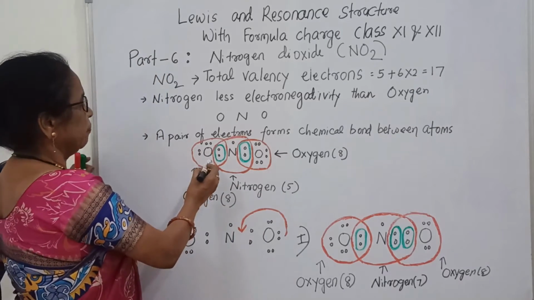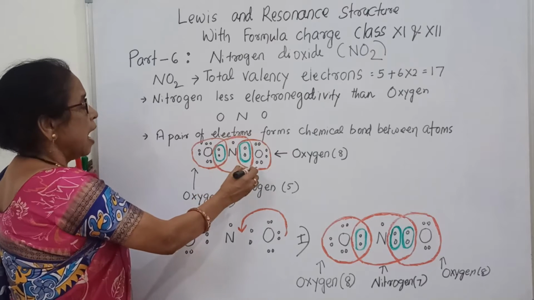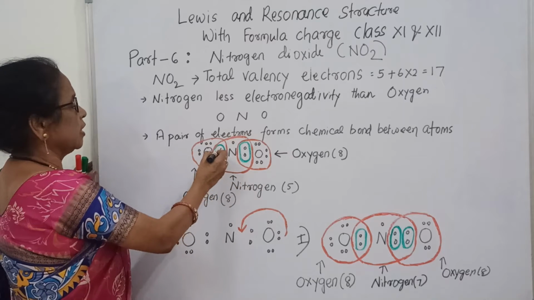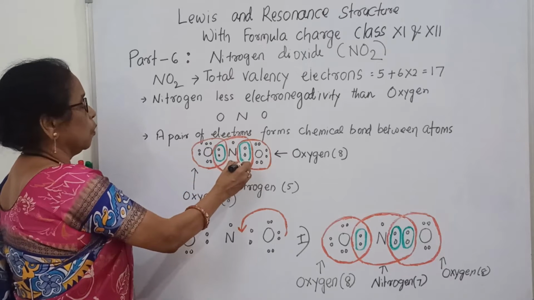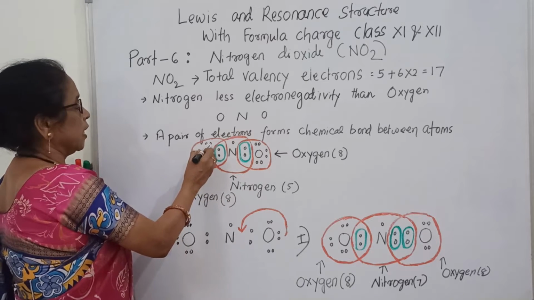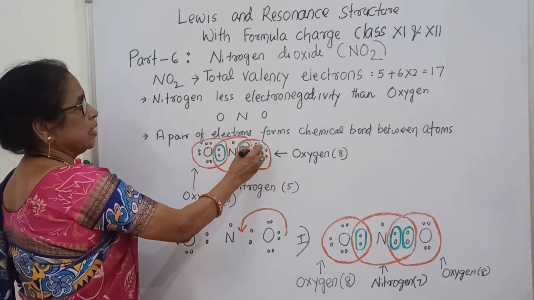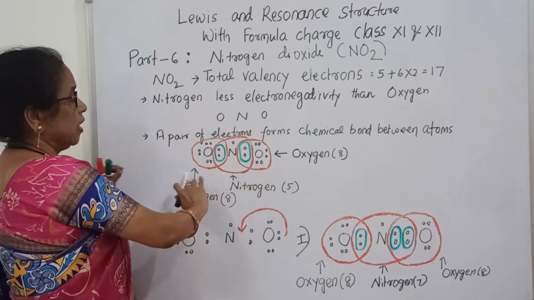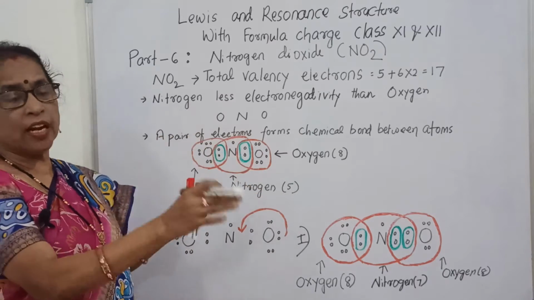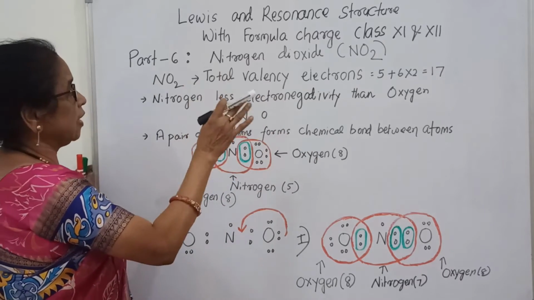Now you can see here oxygen, middle nitrogen, and you count here, this is a pair of electrons, that is one side 2, this side 2, 4, and here 4 to 6 to 8 to 10, 11, 13, 15 to 17. Now you can see that 17 electrons are satisfied according to total valence electrons.